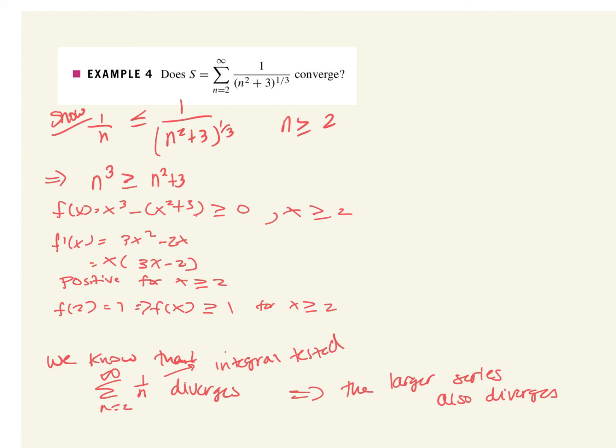So therefore, f of x is going to be greater than or equal to 1 for all x's greater than or equal to 2. Where do you get f of 2 is equal to 1? If I just plug it into my original equation that I made up, 2 cubed, 8, minus 7. Okay, thank you.